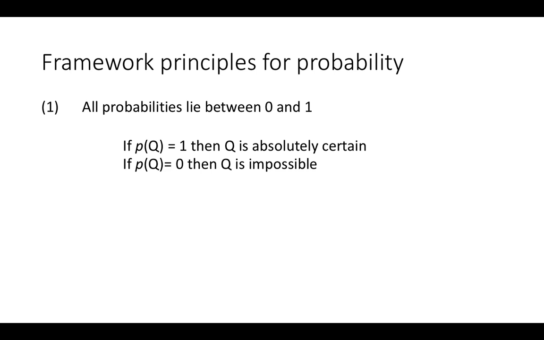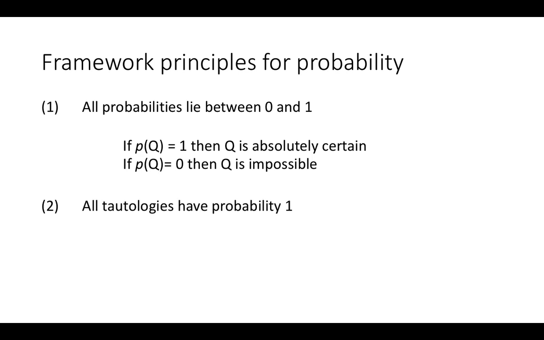So the closed interval 0, 1 includes both 0 and 1. And in the probability calculus, the endpoints do very important work. If the probability of Q is 1, then Q is absolutely certain. It's necessarily true. And if the probability of Q is 0, then Q is impossible. It's necessarily false.